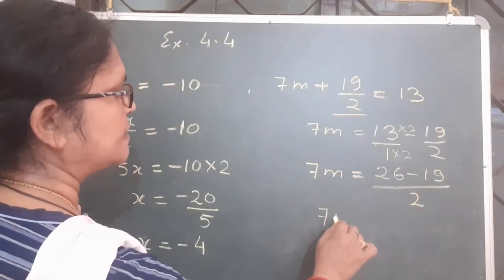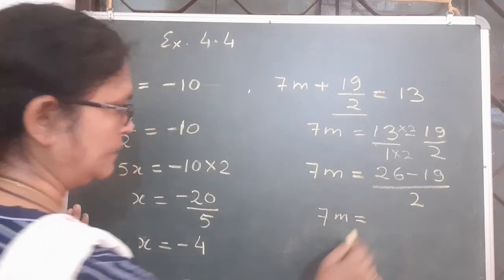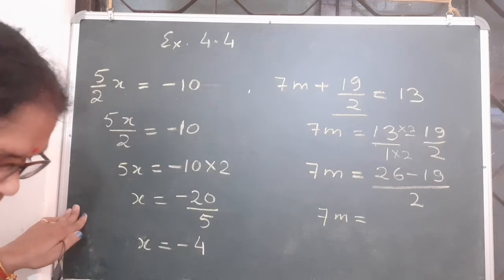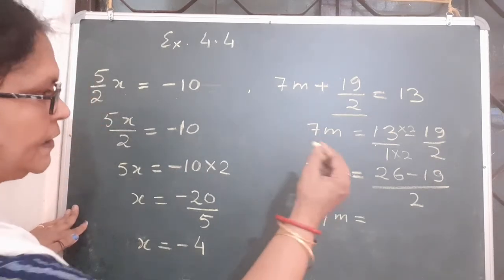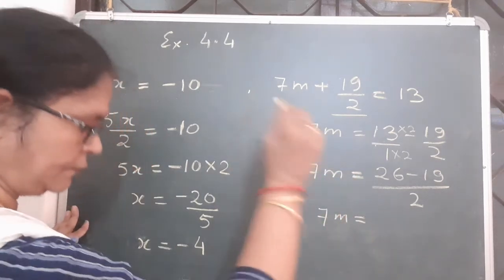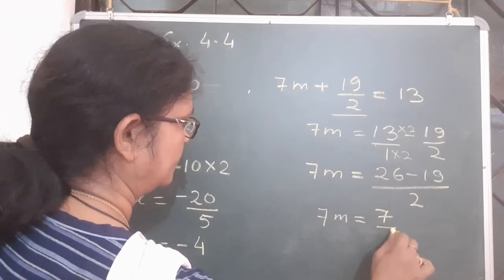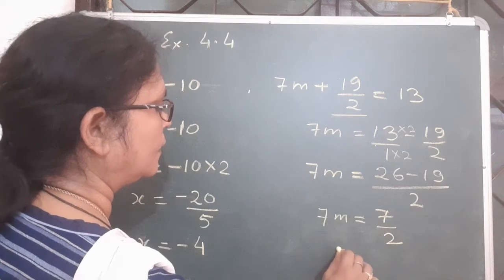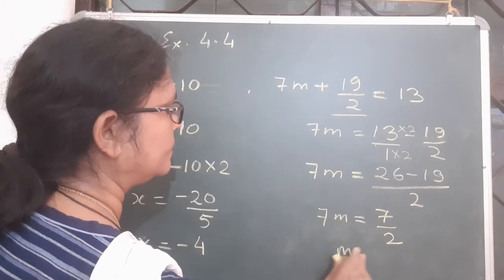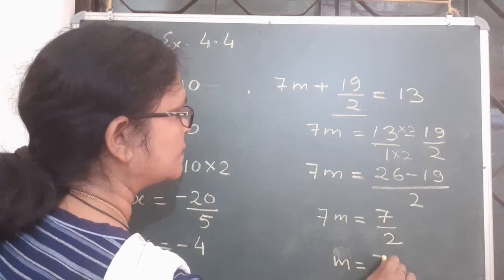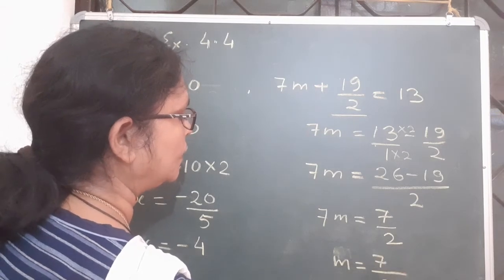It means 7m is equal to 7 upon 2. Therefore m is equal to 7 upon 2.